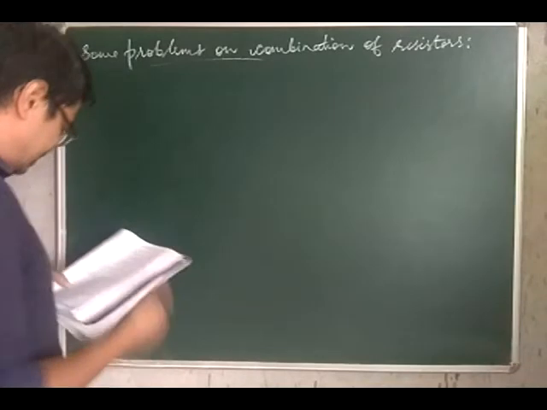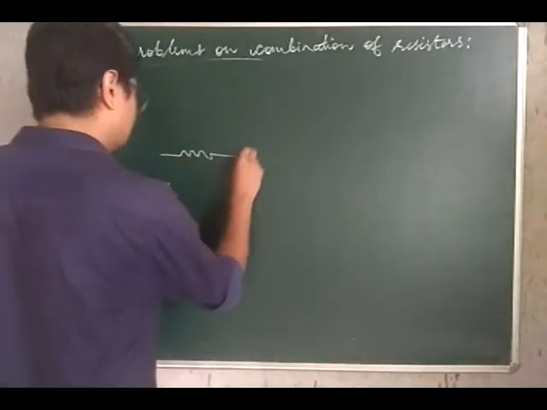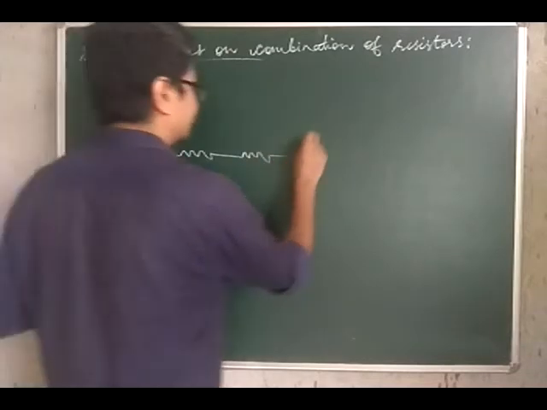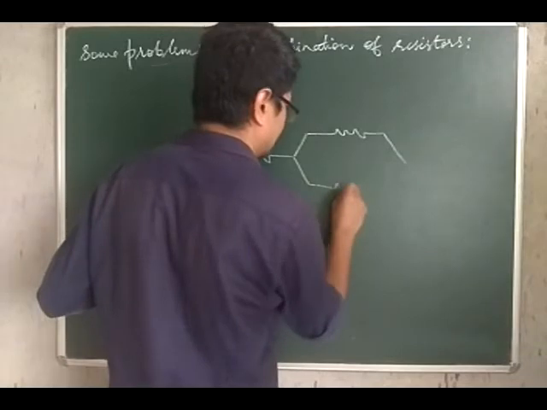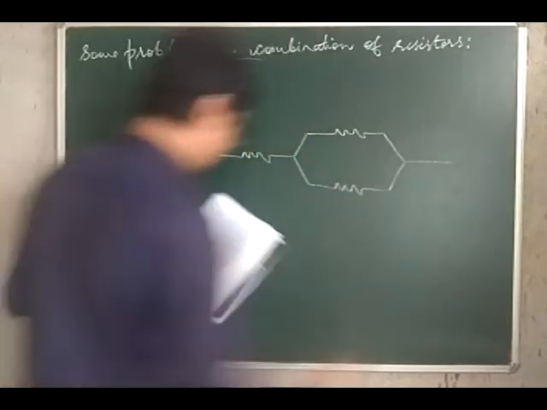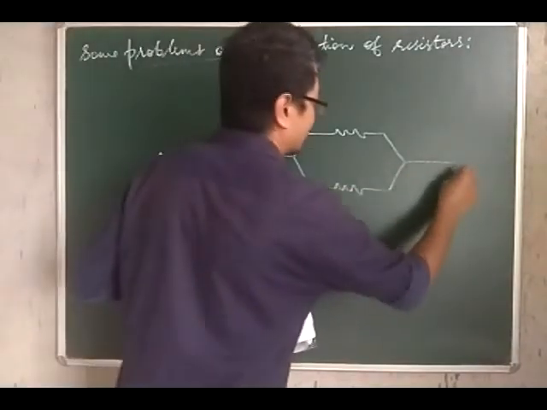Those are the most difficult kind, it seems. That's there in the book, of course. So you have this picture and you're asked to find the equivalent resistance between point A and point B.